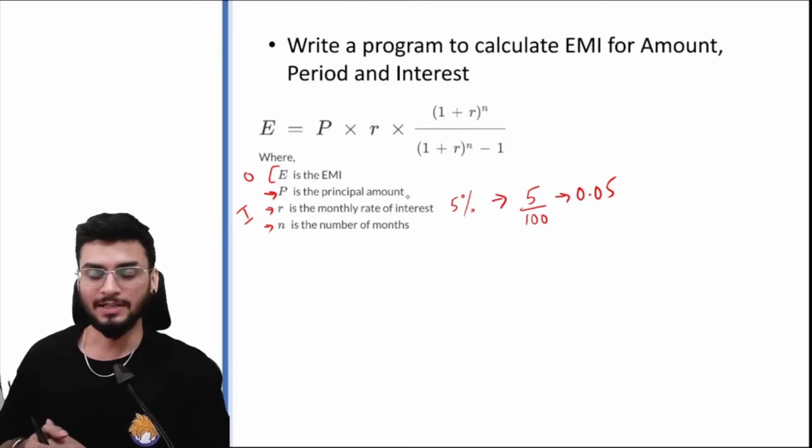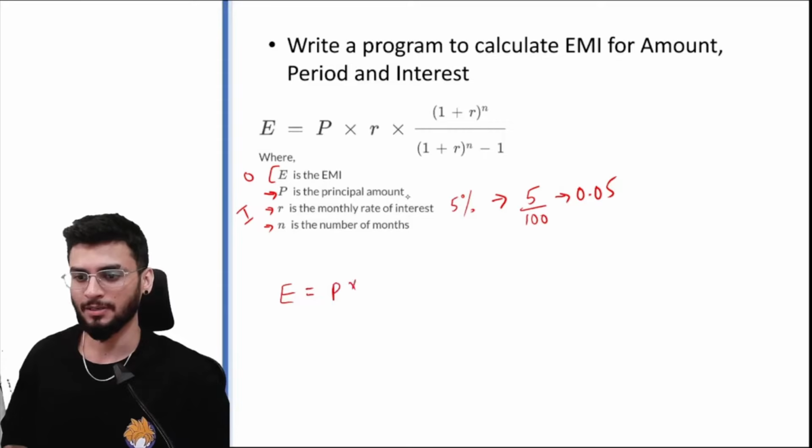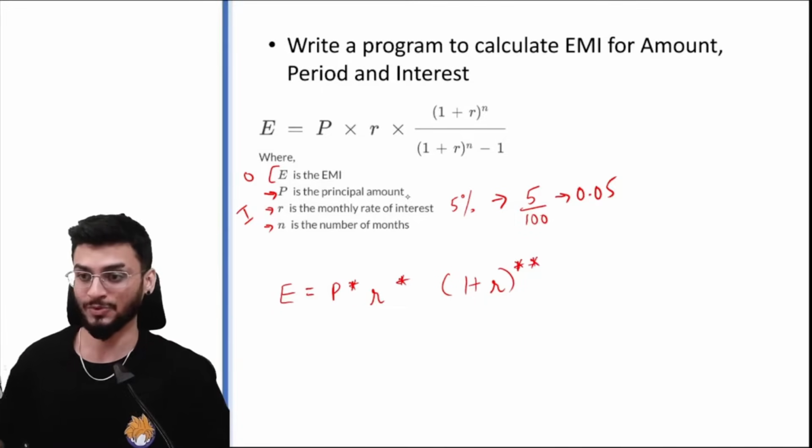So let's just convert it into a way that Python can understand it. I say I will be taking the same name of the variables, P into R into. So for exponential notation, I have to use 2 asterisks, which means raise to.